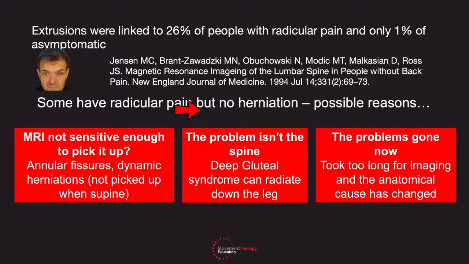So that's the kind of summary of sciatica. Key things are the questioning about loss of sensation, loss of motor control, and loss of reflexes. Those three things are really key.